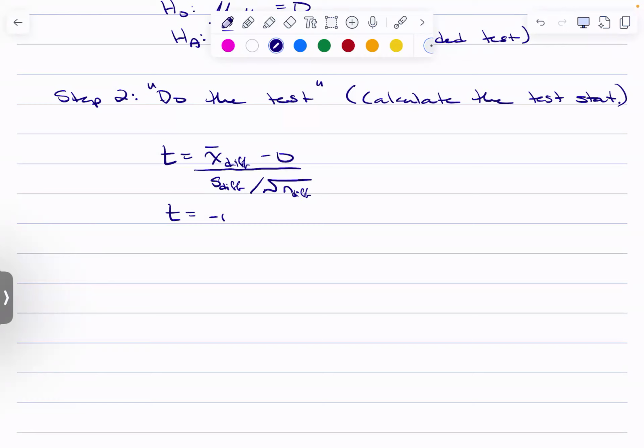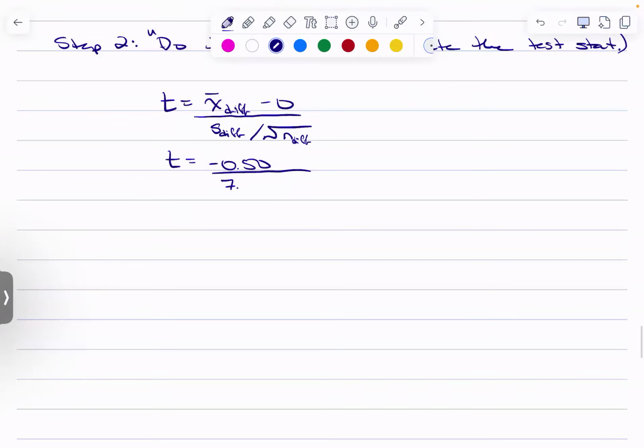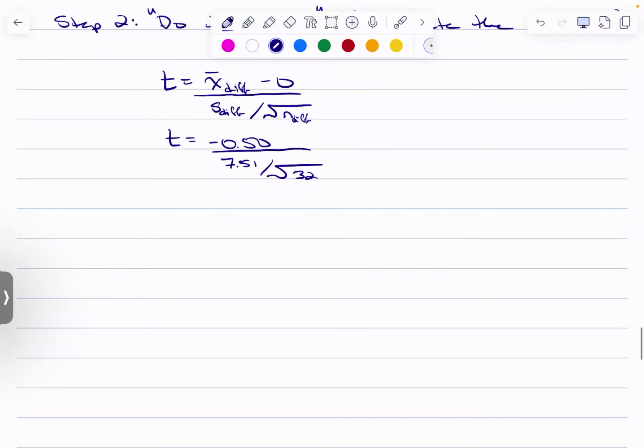Negative 0.50 minus 0, I'm not going to write that, divided by 7.51 divided by the root of 32. 7.51 divided by the root of 32 is 1.327, and negative 0.5 divided by that gives negative 0.3766214547.